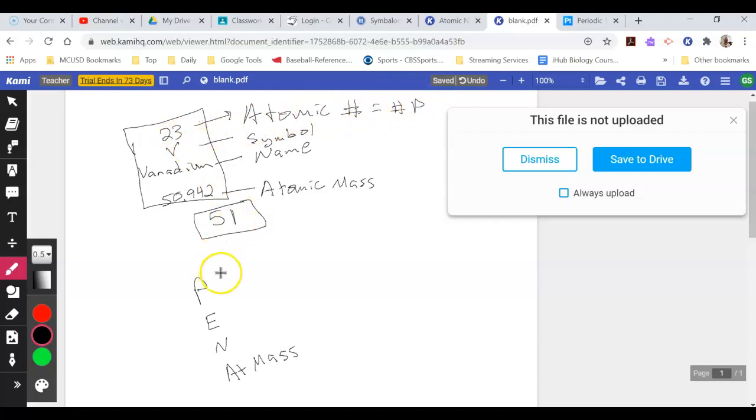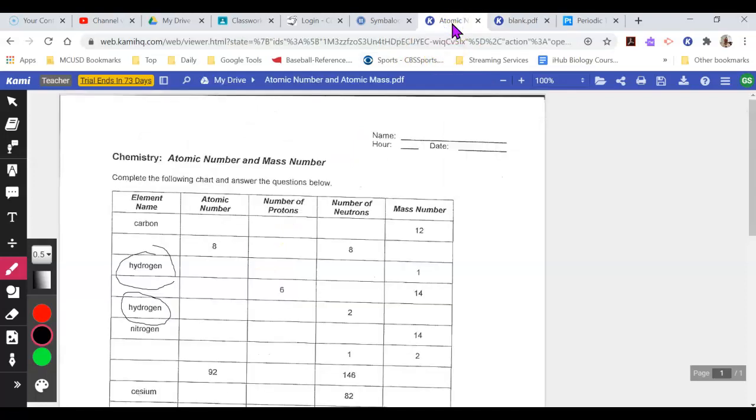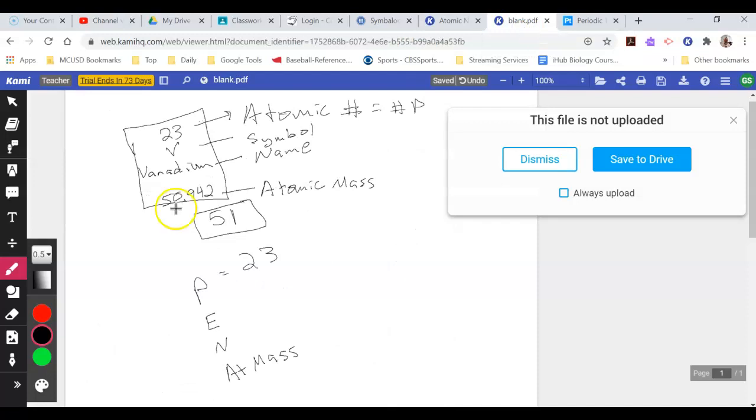So in this case, you would have 23 protons. You automatically know you're going to have the same amount of electrons. Remember, your protons are positive, electrons are negative, and your neutrons are neutral. You also have an atomic mass of 51.